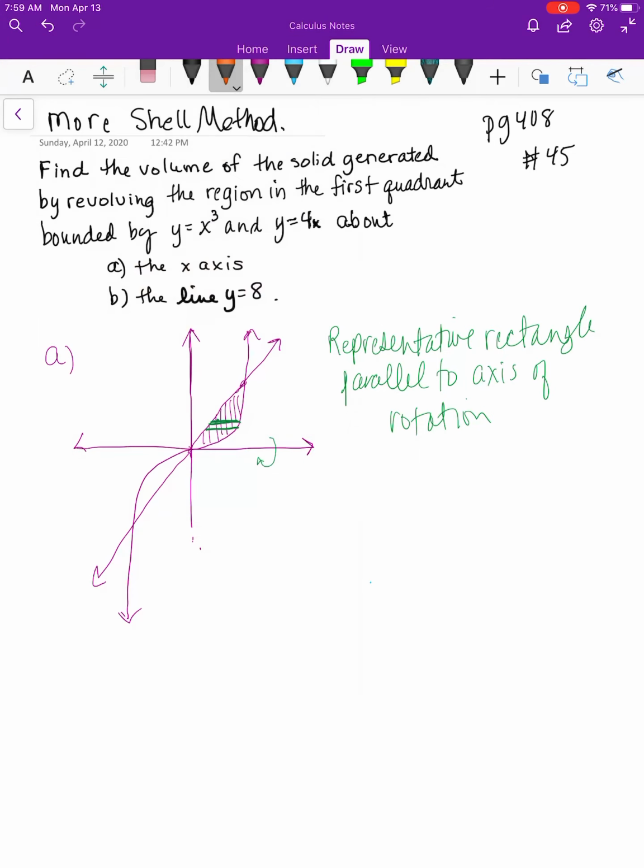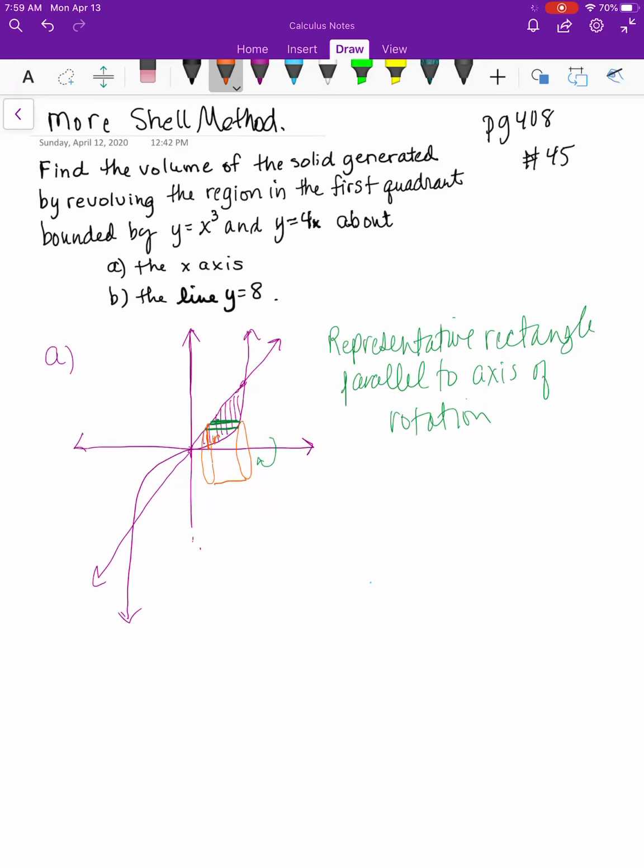Then we're going to take, I'm just going to pick a different color. We're going to take a point on the representative rectangle. It doesn't matter which end it's on. And we want to draw from your axis of rotation to that point, and that is going to be your radius.